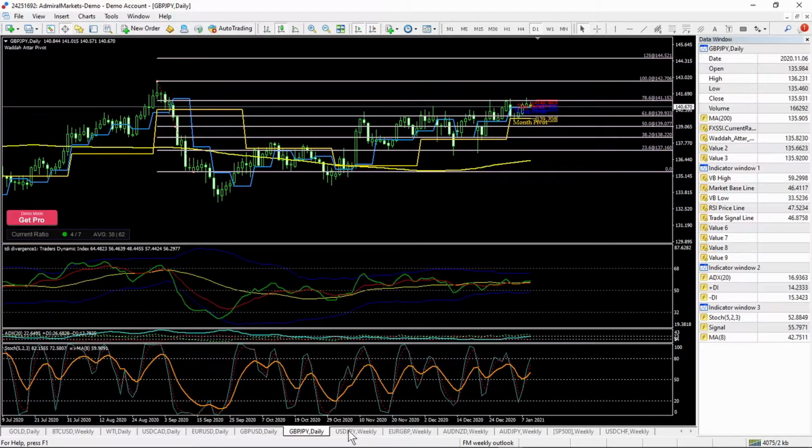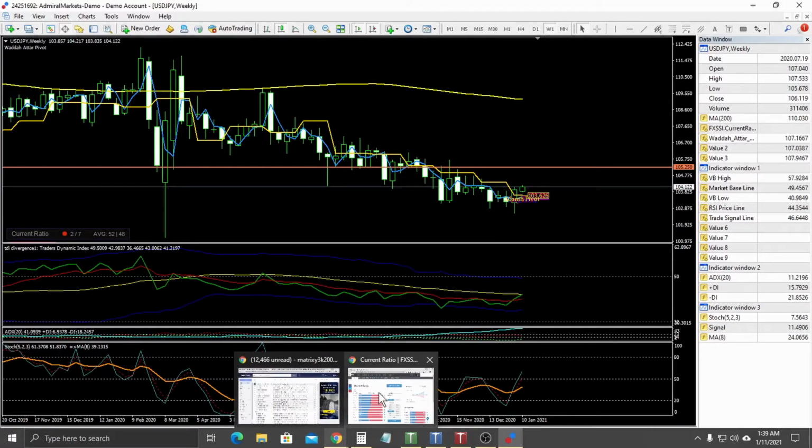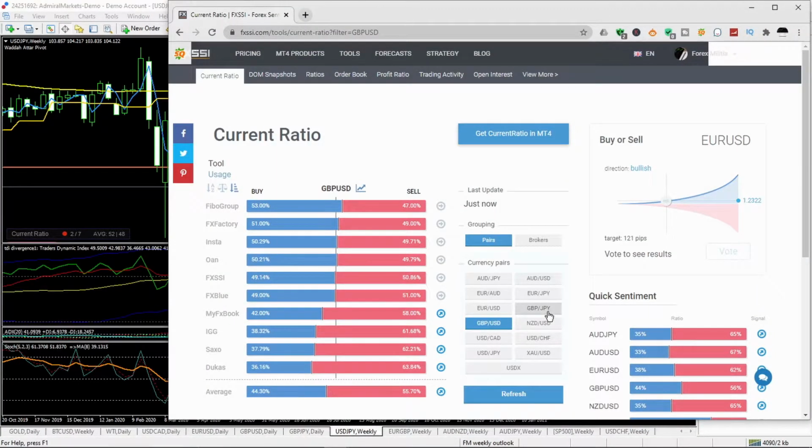Okay, and I'm going to do one more, and I'll just go ahead and look at the S&P 500, something else that I basically look at. All right, now on sentiment, there you go.